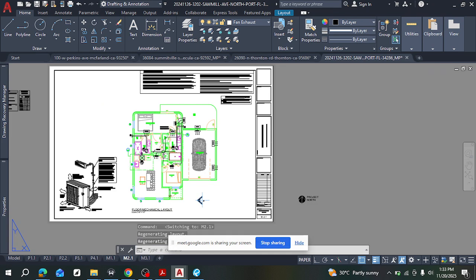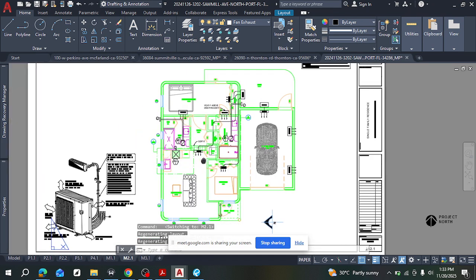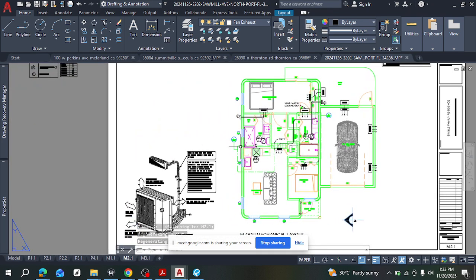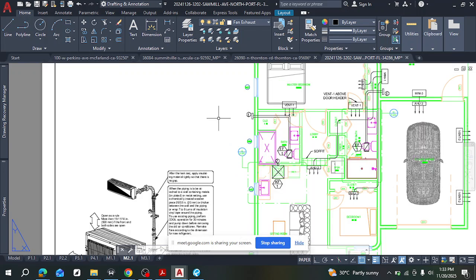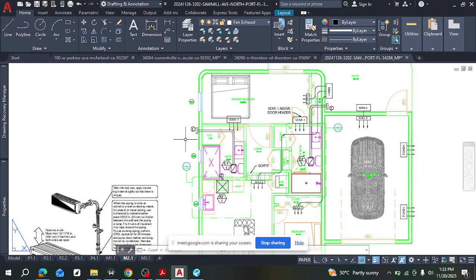So I saw you say AutoCAD. Can I use AutoCAD too, or do I have to get a particular version? Well, I don't like to upgrade so fast, because if you upgrade so fast, you could possibly miss some challenges.